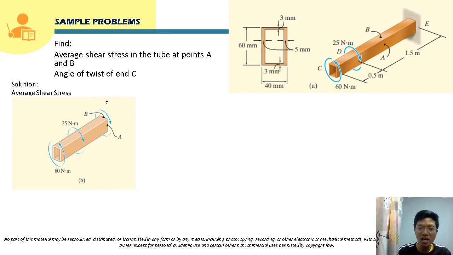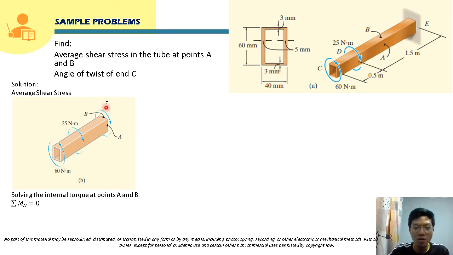From here, class, we can solve this internal torque by the equilibrium equation. Summing up all the torques equals 0. Our assumption here is that torques that are clockwise are negative, and torques that are counterclockwise are positive.